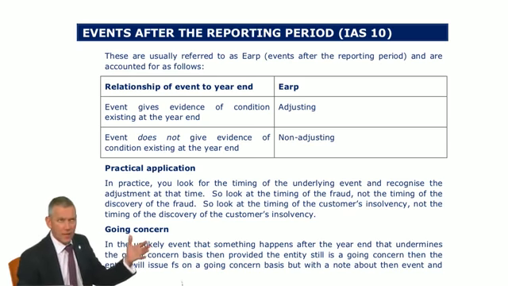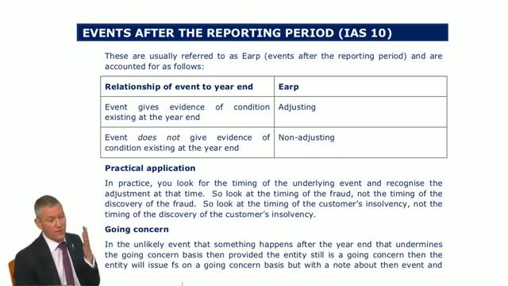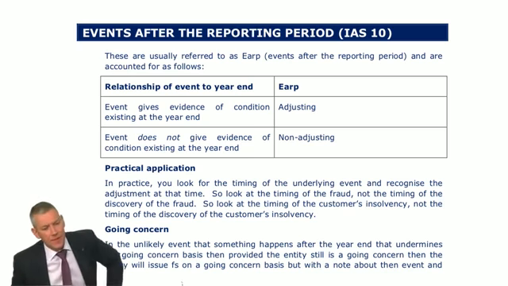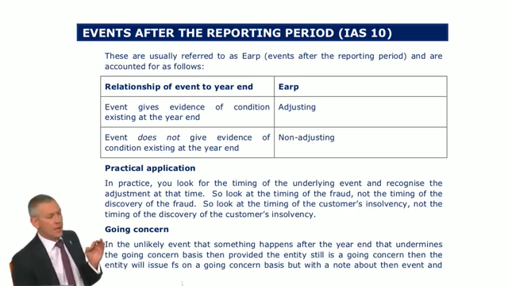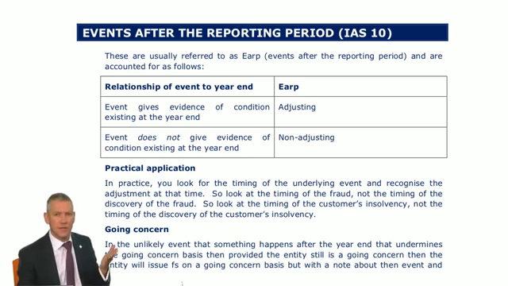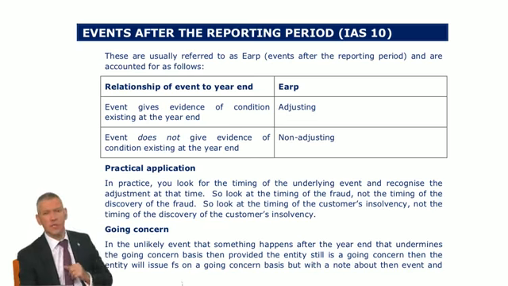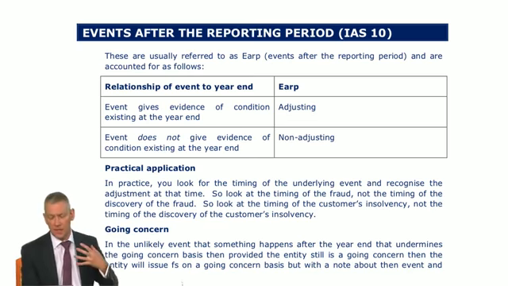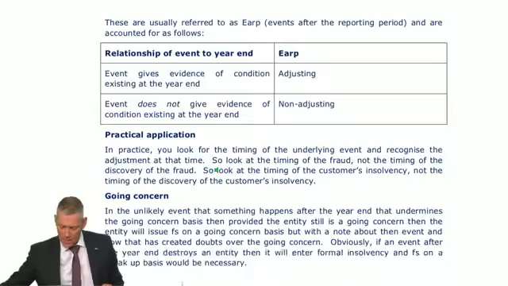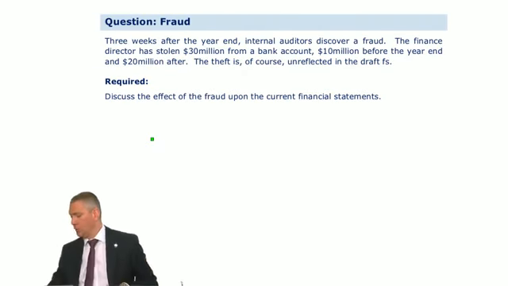And if the actual underlying problems that the customer had happened after the year end, and the customer was fine at the year end, then you leave the customer on the balance sheet, you leave the receivable untouched. That's the basic idea. And the technical name for the technique that I'm using here is the technique of the underlying event. These stories always describe discoveries, but it's not the timing of this discovery, it's the timing of the underlying event. And we're going to use that logic here with the question fraud.